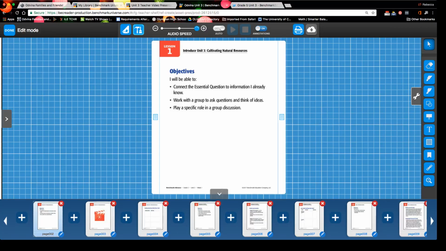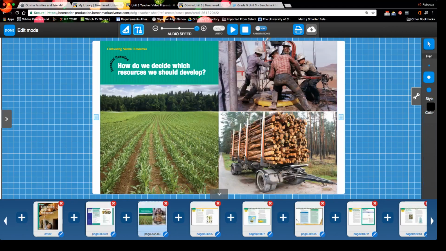Okay, boys and girls, so let's come on back to our text. And at this point, I want you guys to talk amongst yourselves and think about how can developing resources help us? How can developing resources harm us? And why do humans use so much corn as a resource?